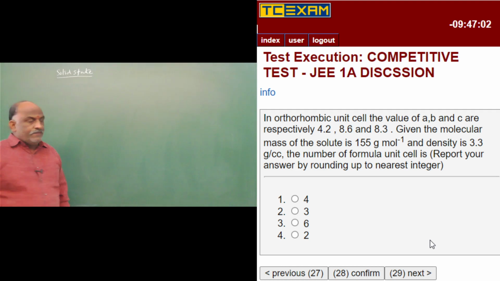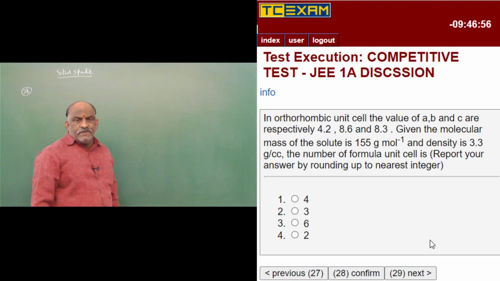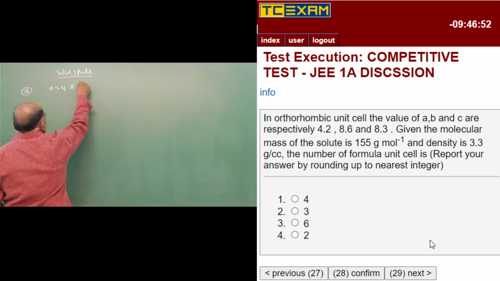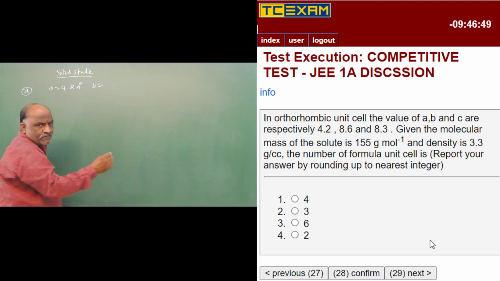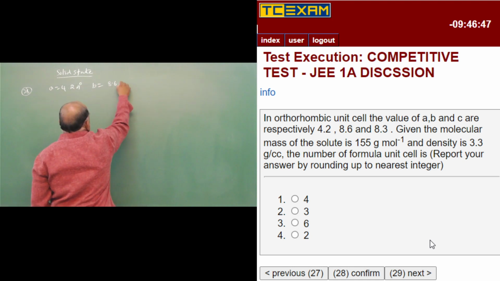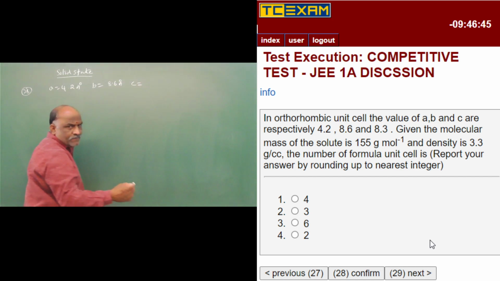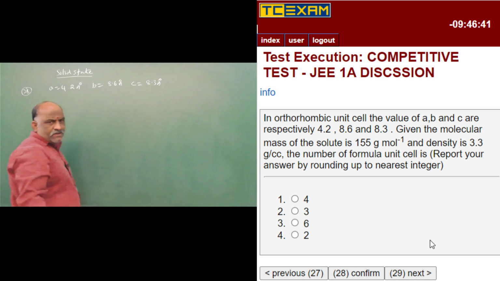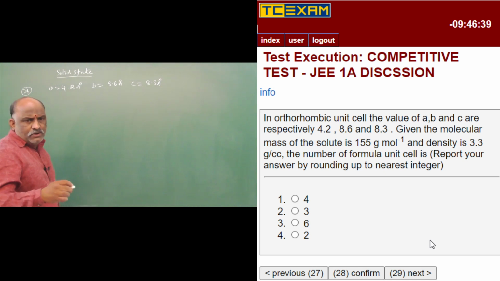So here, just a minute, first we should write the given data. A given is 4.2 angstroms, B given is 8.6 angstroms, C given is 8.3 angstroms.